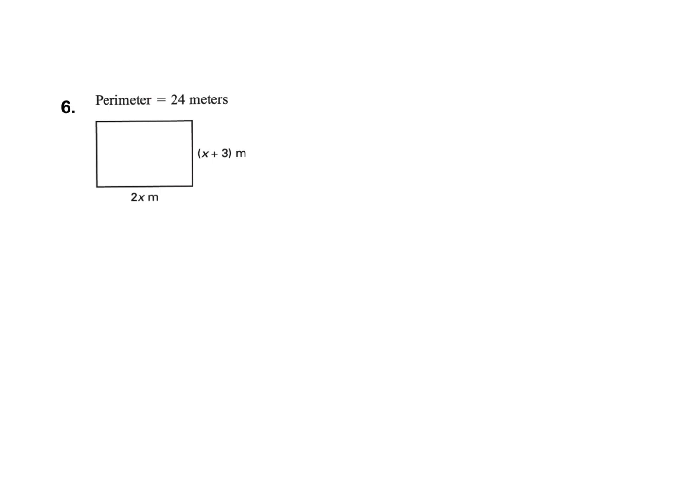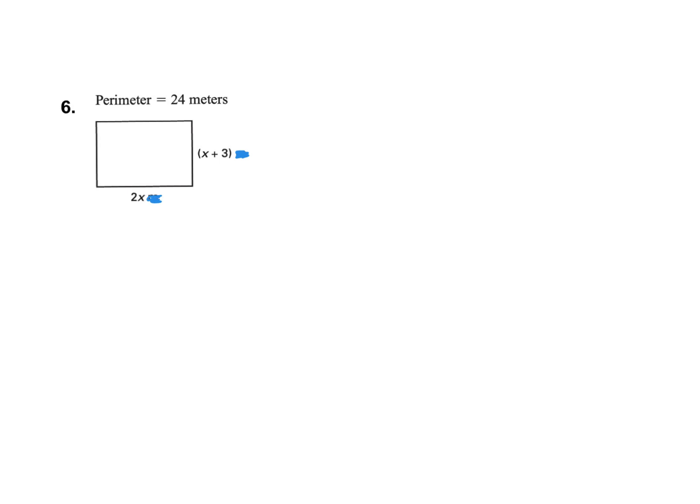All right, so our last example, we have a perimeter is equal to 24, and we've got this rectangle. One side is x plus 3 meters, and the other, and don't get confused by this, in fact, I'm just going to take that off because it means it's the meters. So the side lengths are the x plus 3 and the 2x.